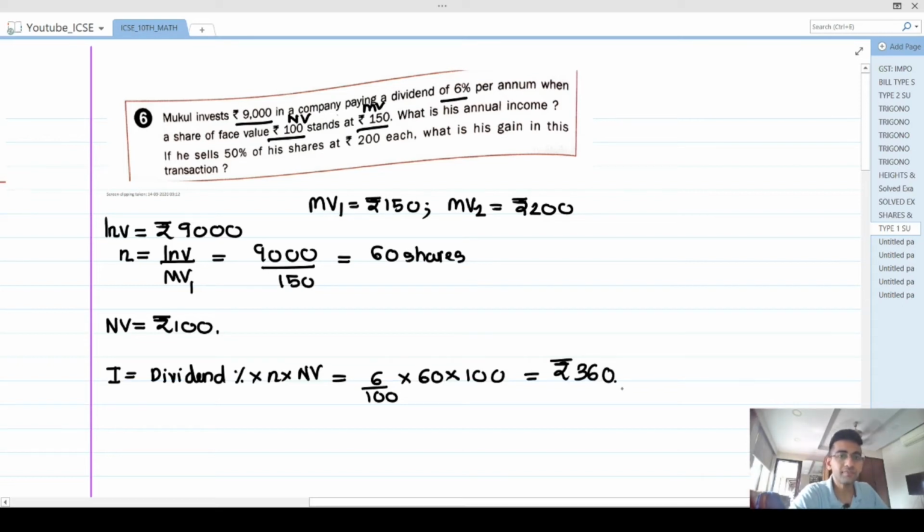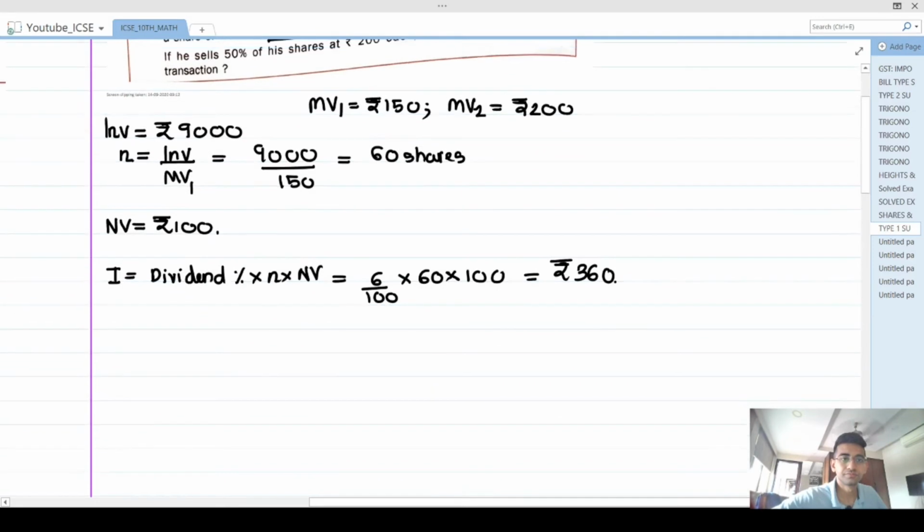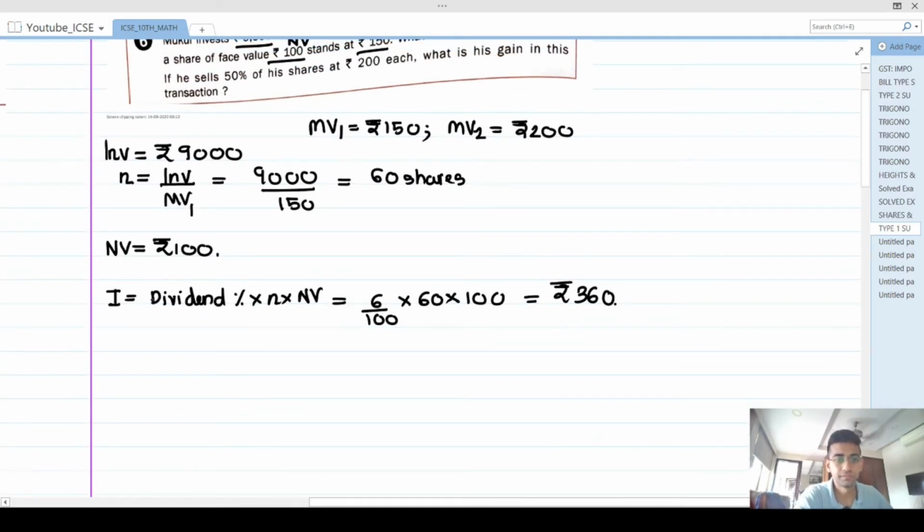Now, if he sells 50% of his shares at 200 each, what is his gain in the transaction? So 50% of his shares, which is equal to N2, is nothing but 50% of 60. That is equal to 30 shares.